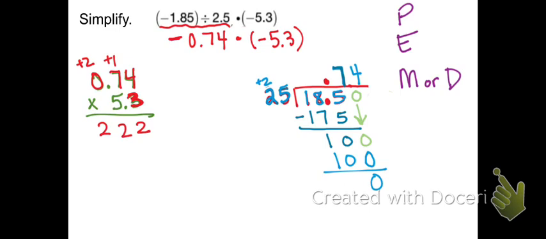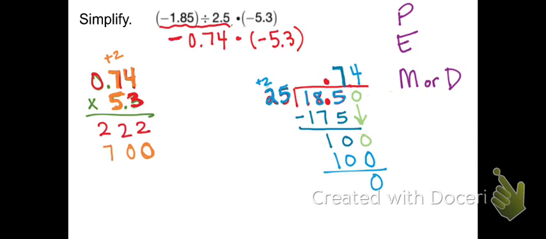Now let's do the same with the 5. 5 times 4 is 20. We always start off our second row with a 0 here, but 5 times 4 is 20, so put the 0 here and carry the 2. I'm going to erase the ones I carried from my previous multiplication. Then 7 times 5 is 35, plus 2 is 37.